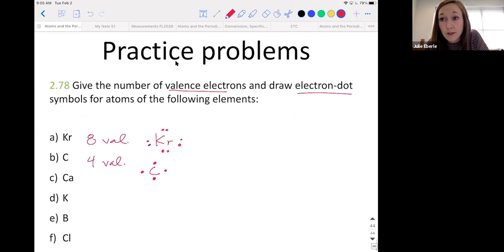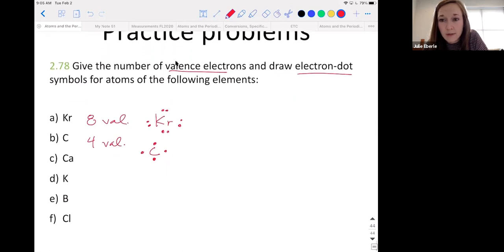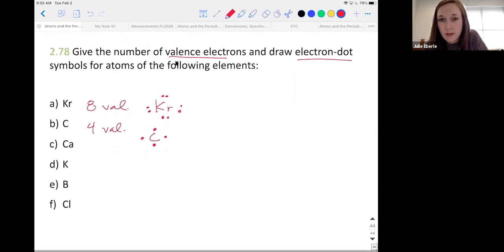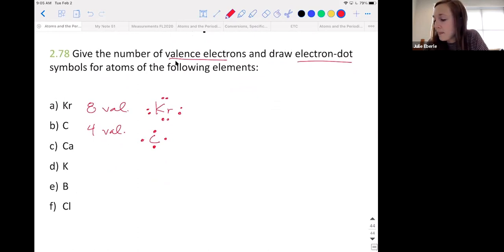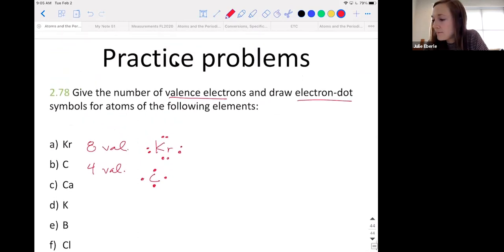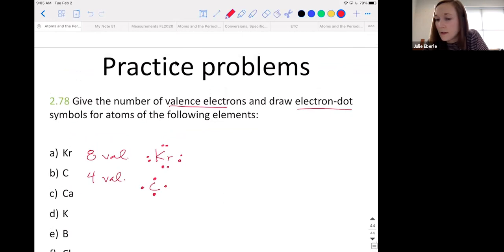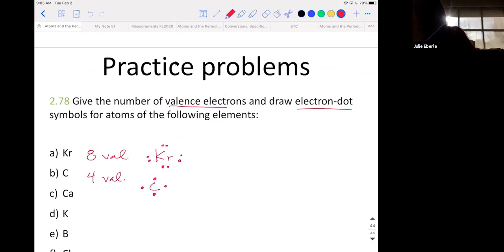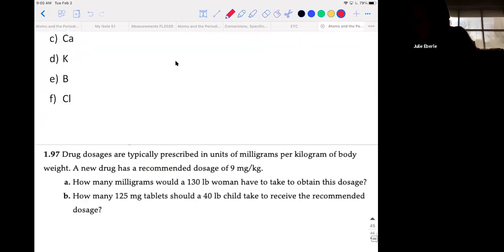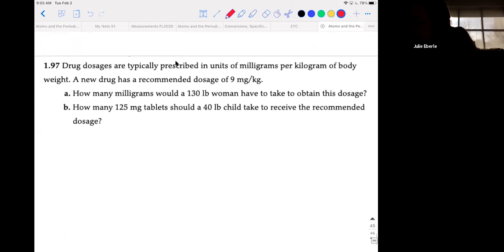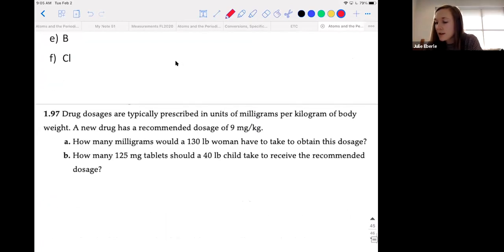All right, any questions? We've got 10 whole minutes left. I want to work a problem. I pulled these 2 problems. These are actually from your textbook, 1.97 and 1.104.